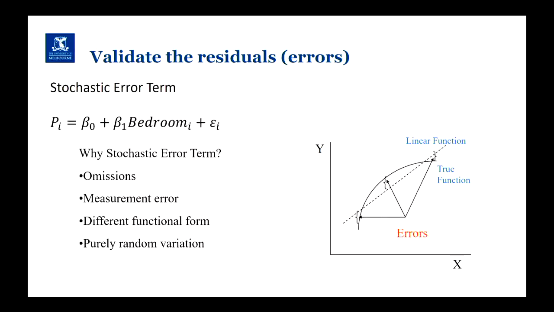Those error terms may be caused by the wrong function we use, like we assume it is a linear regression but it is not, or by omissions, so probably there were other factors we haven't included in the model, and also some measurement error, and also purely random variation. So that is what we assumed.